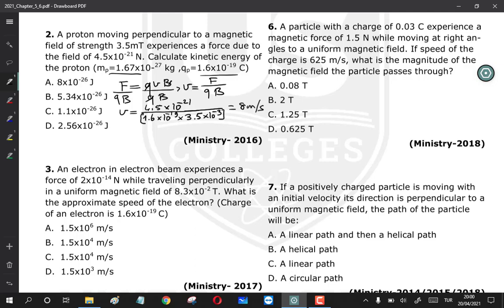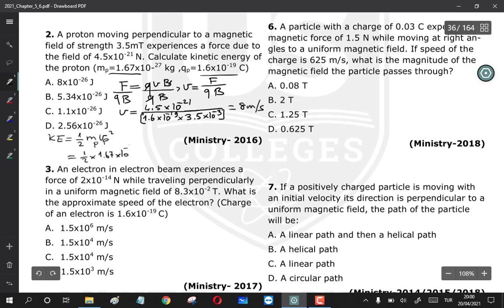We are going to use the equation for kinetic energy. Kinetic energy is equal to 1 over 2 m times v squared. So because the proton is moving, we use the mass of the proton and speed of the proton. So 1 over 2, mass of the proton is given in the question as 1.67 times 10 to the power of negative 27 kilograms, multiplied by speed 8 squared.